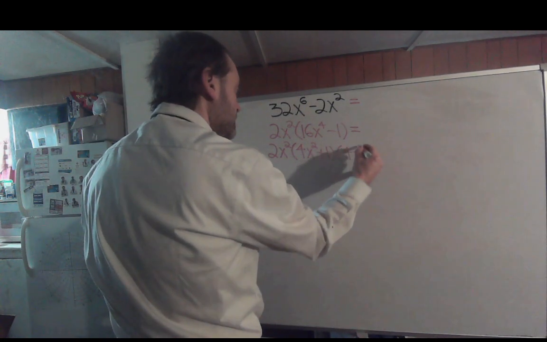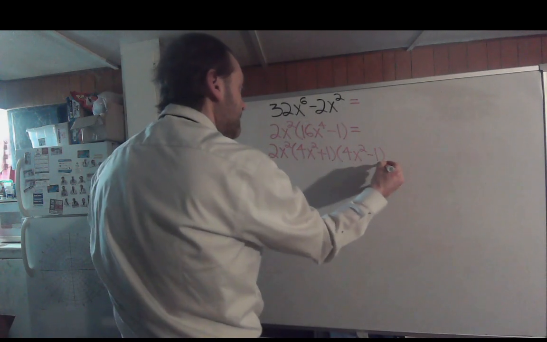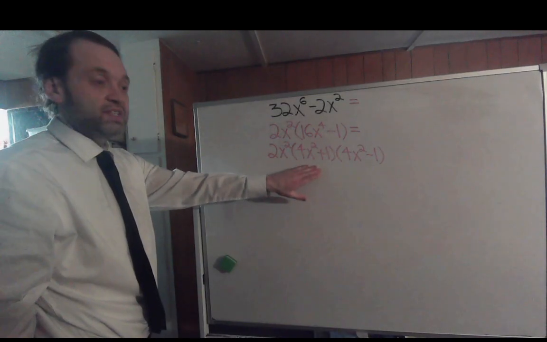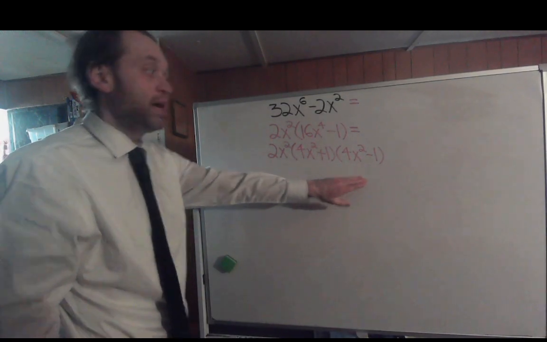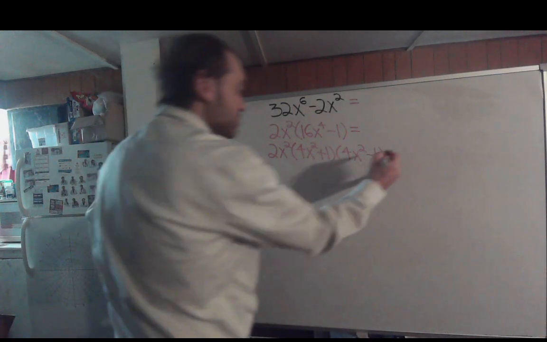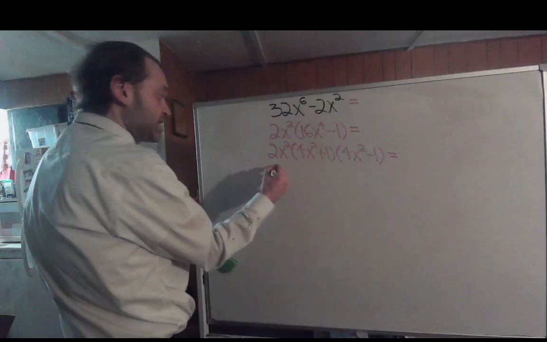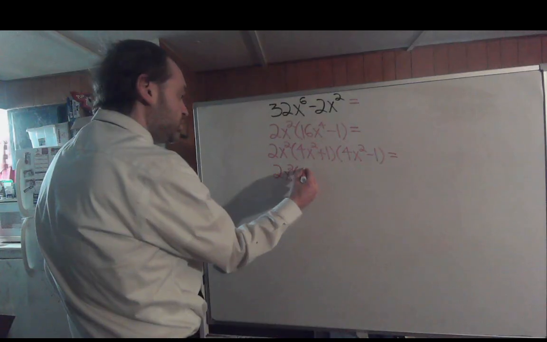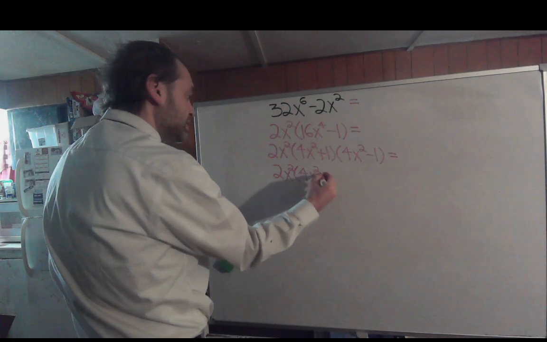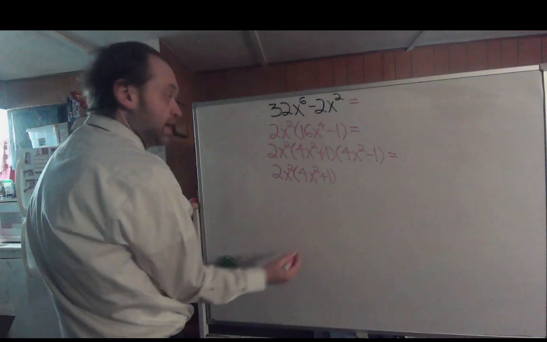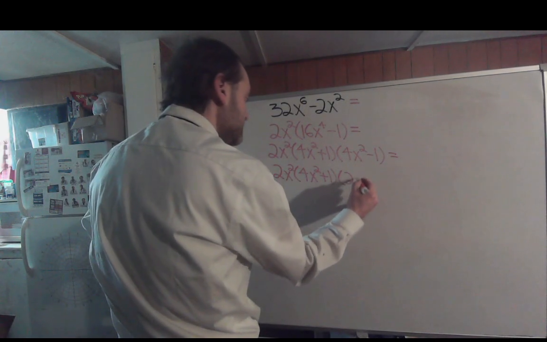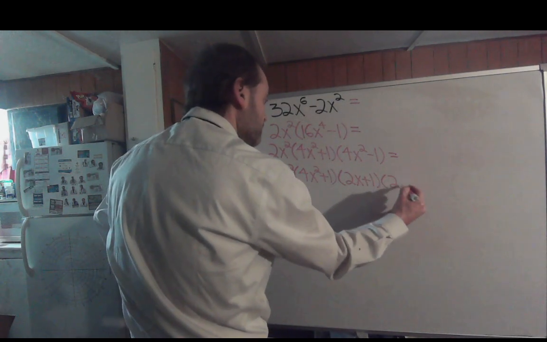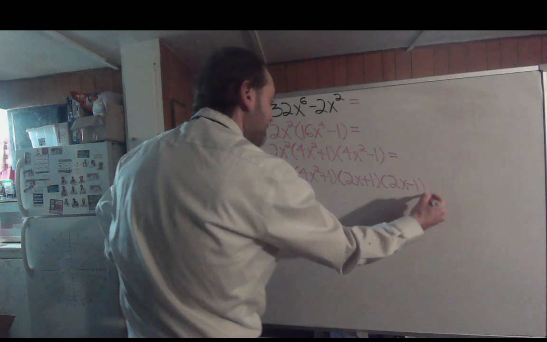Well, 4x squared plus 1 won't factor any further since it's a sum of squares, but 4x squared minus 1 will since it's a difference of squares. So this will factor even further into 2x squared times the quantity of 4x squared plus 1 times the quantity of 2x plus 1 times the quantity of 2x minus 1.